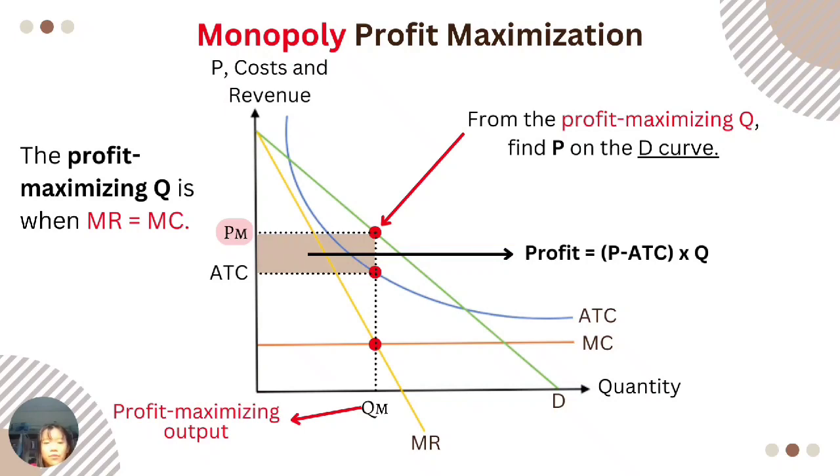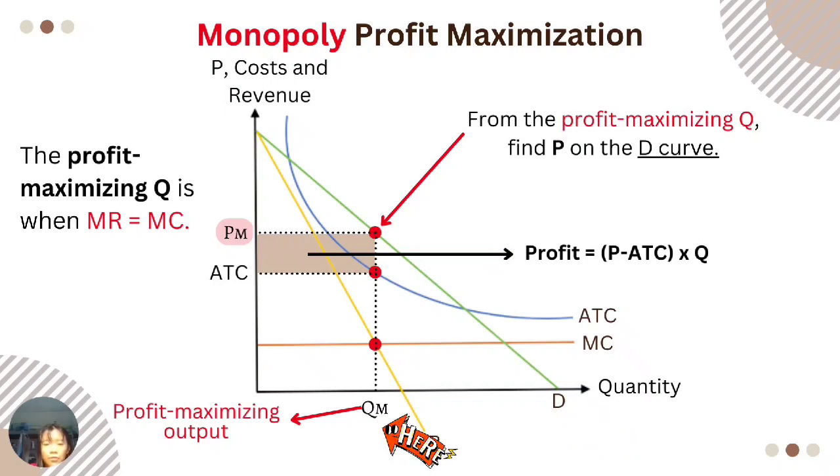So we can see from the graph, the marginal cost crosses the marginal revenue at this point, and through this point we can find the profit maximizing output, which is the QM. And in monopoly cases, to find the price, we need to find it on the demand curve from the profit maximizing quantity.